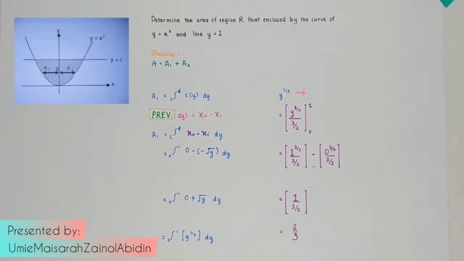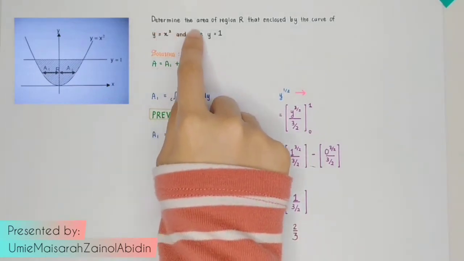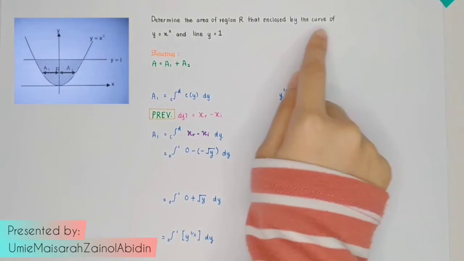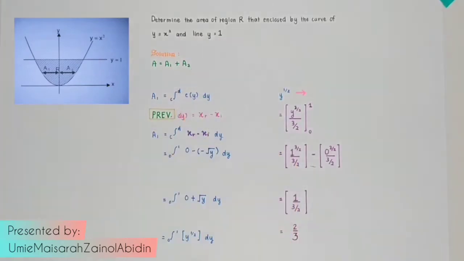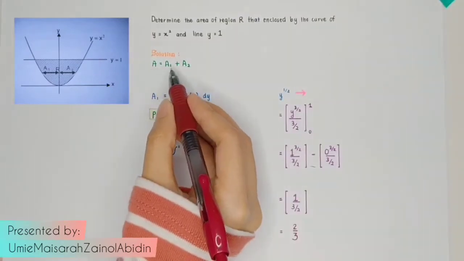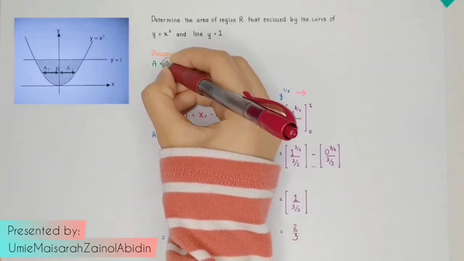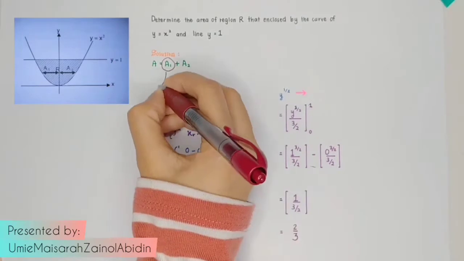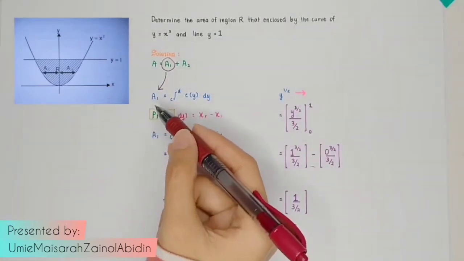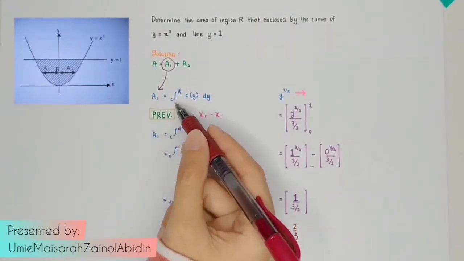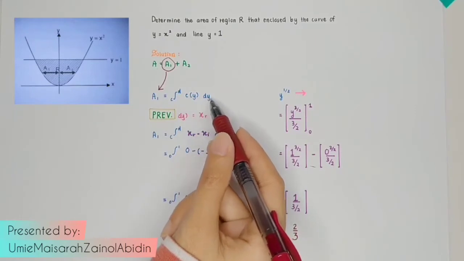Determine the area of region R that is enclosed by the curve of y equals to x squared and line y equals to 1. What I can say is, we need to find a solution for this. First of all, I need to find the area of A1. A1 equals to the integral from c to d of c(y) dy.